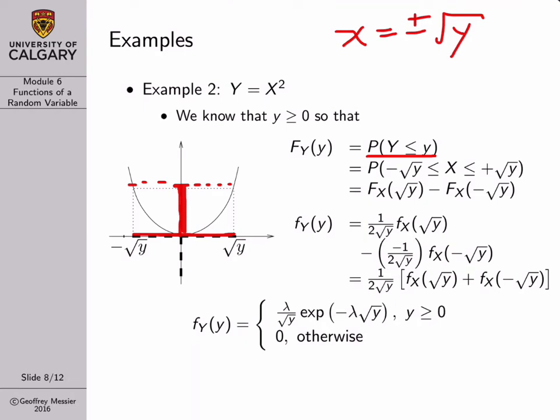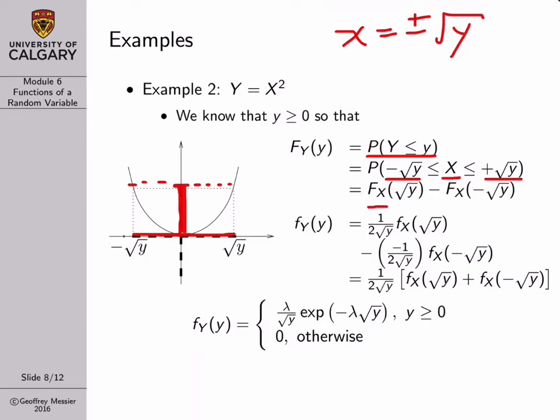So the probability that the random variable y is less than or equal to lowercase y is the probability that the random variable x is less than or equal to positive root y, but greater than or equal to negative root y. So this is the first time we've seen a closed interval, but it's not a problem for us because we can still express our probability in terms of the CDF of our input x.